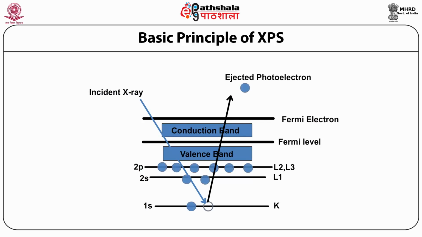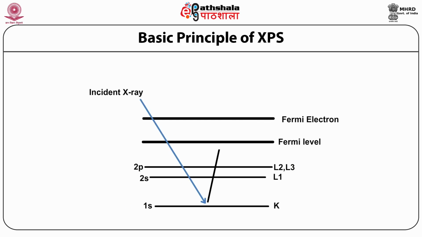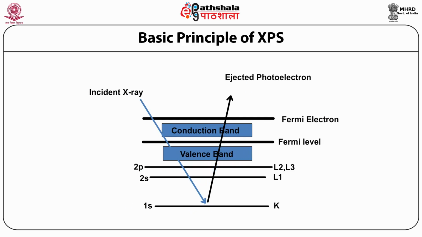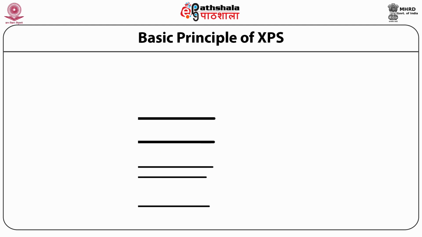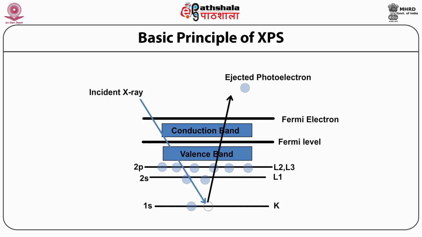Here, the absorption is very fast, about 10 to the power minus 16 second. Originally, the photoelectric effect was first observed by H. Hertz in 1887 when Hertz noticed that sparks would more readily jump between two charged surfaces that were illuminated with light.